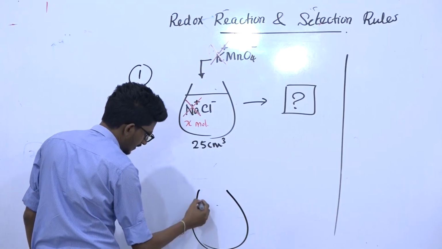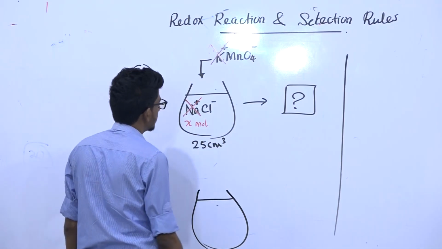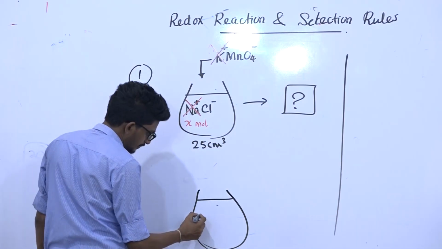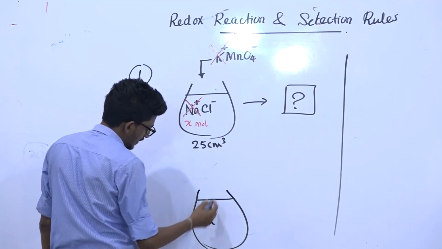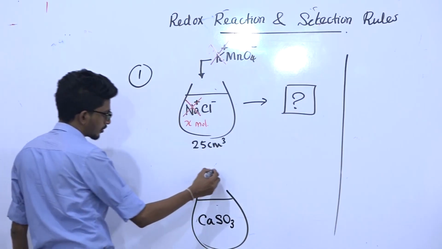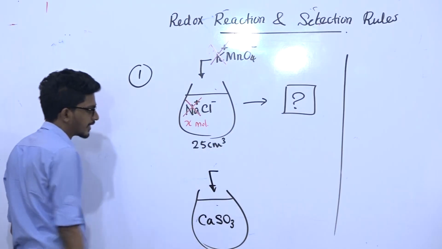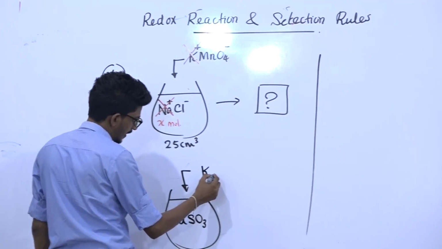This is the first example. Let us come up with another one. Say you have some rubidium or calcium, calcium sulphite. From the top you are adding, let us say, potassium dichromate.